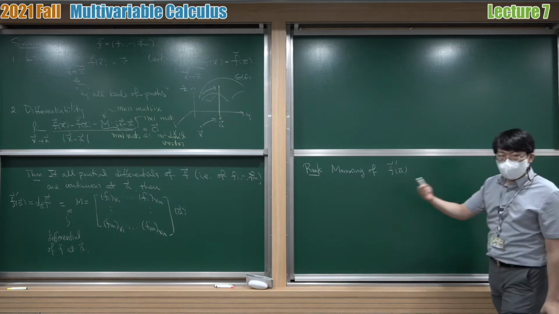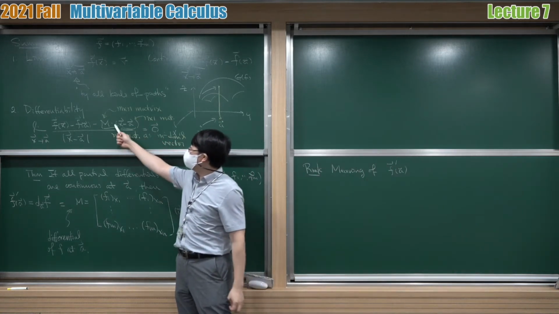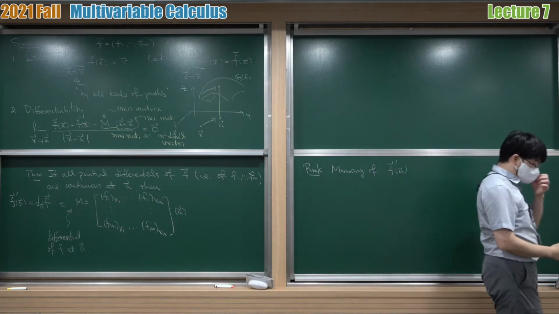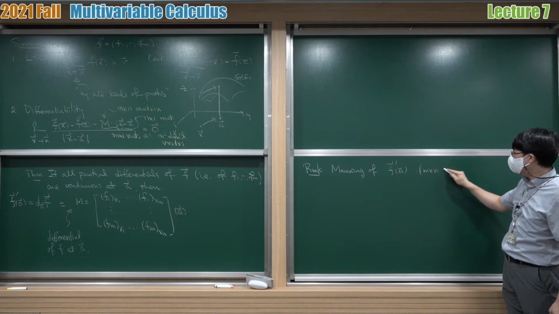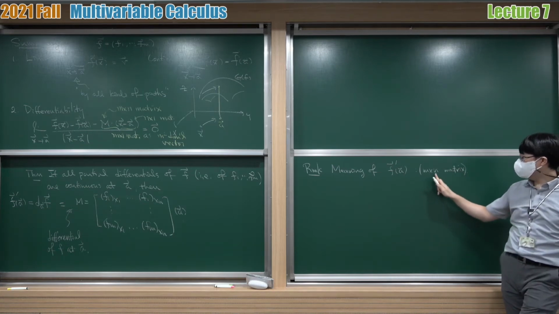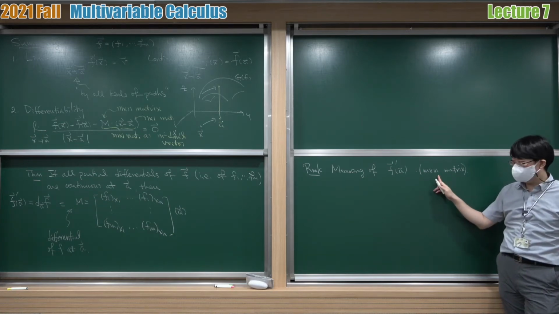When you have a matrix, you can multiply some vector on the right. Since this matrix is m by n, the dimension of the vector has to be n.